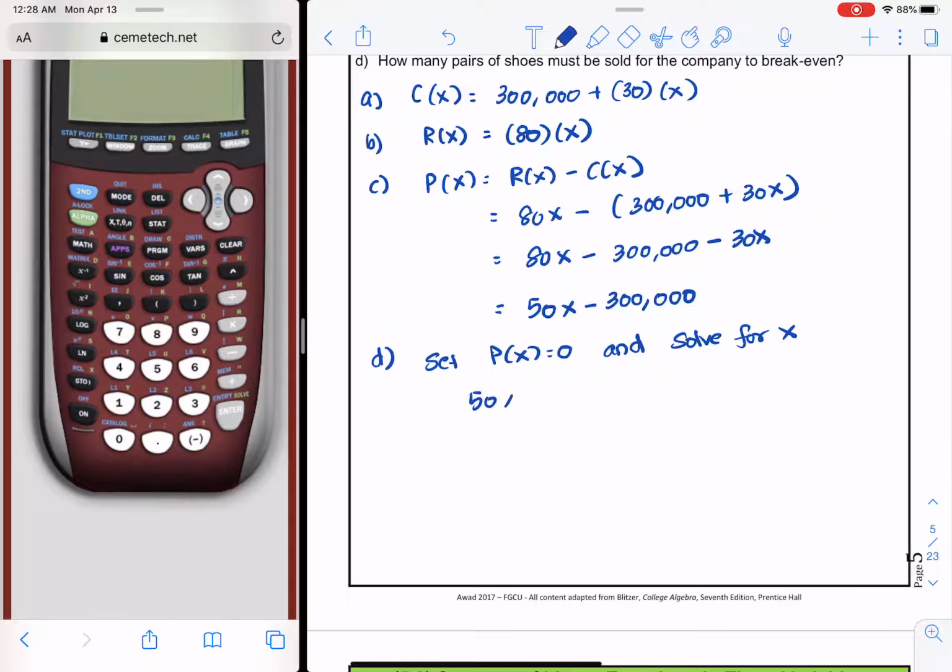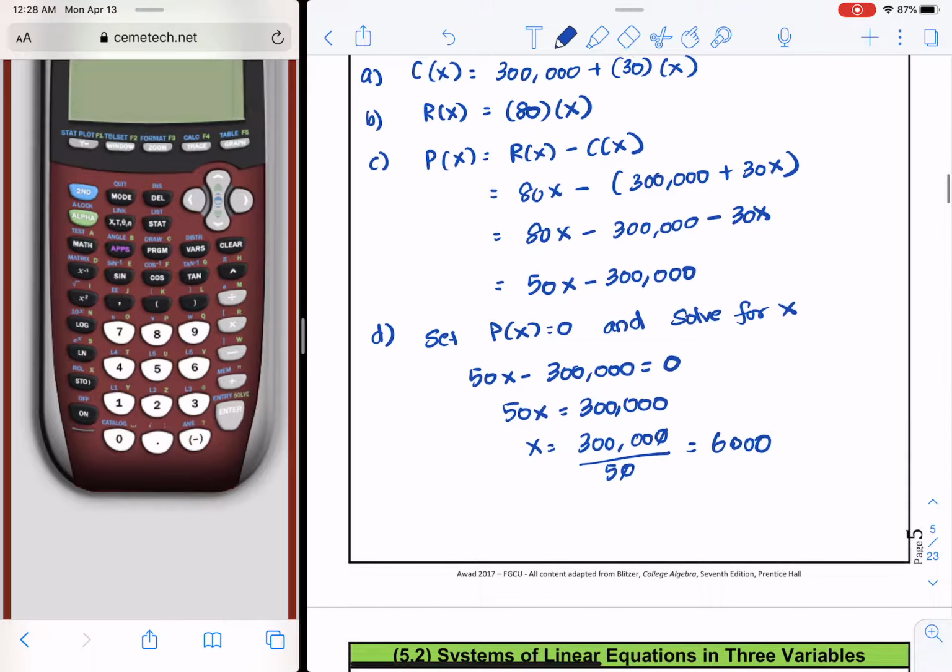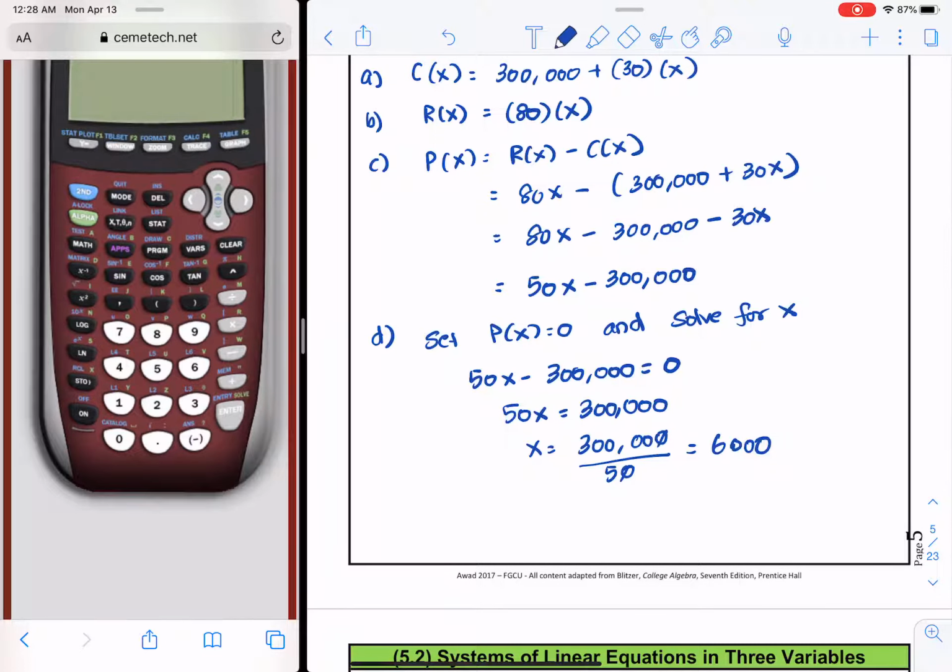So 50x minus 300,000 would equal 0, 50x would equal 300,000, x would equal 300,000 divided by 50, and that would equal 6,000. So we have to sell 6,000 pairs to break even.